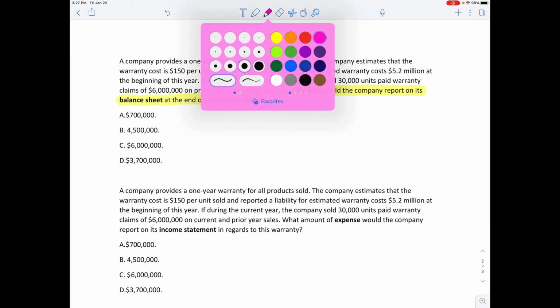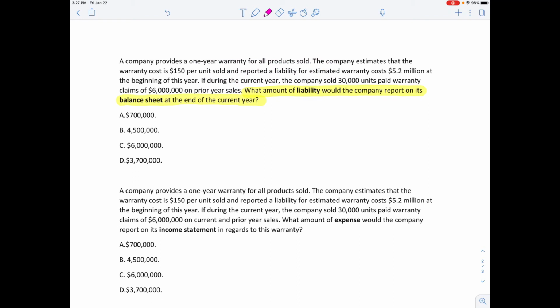So just reviewing, the warranty cost is $150 per unit. I'm probably going to need that. They already have a liability on the books that shows $5.2 million. They sold 30,000 units and they paid claims of $6 million from prior year sales. So now that I have all that information, I need to find out, well, what is the liability on the balance sheet at the end of the current year?